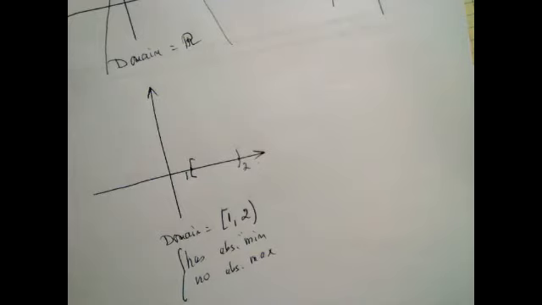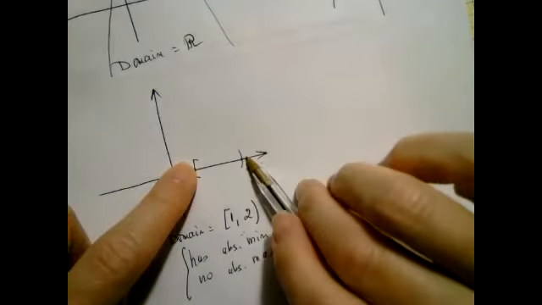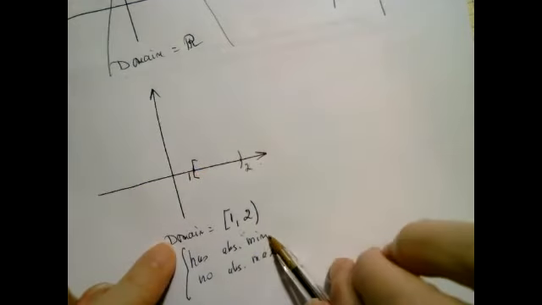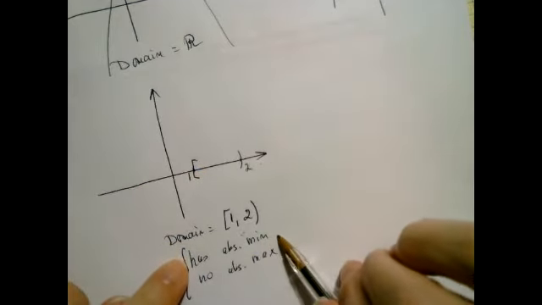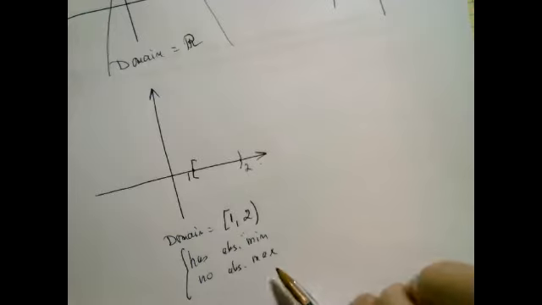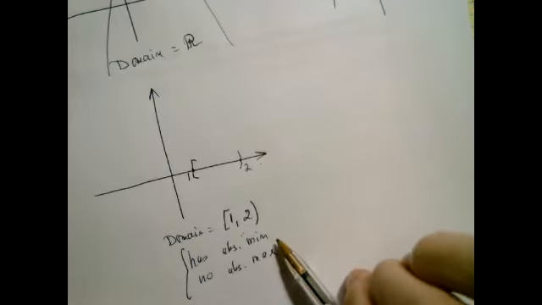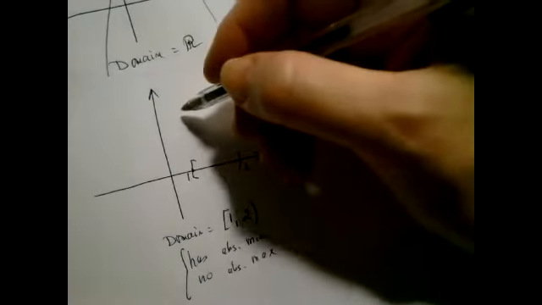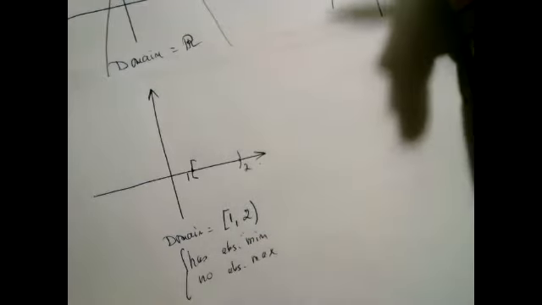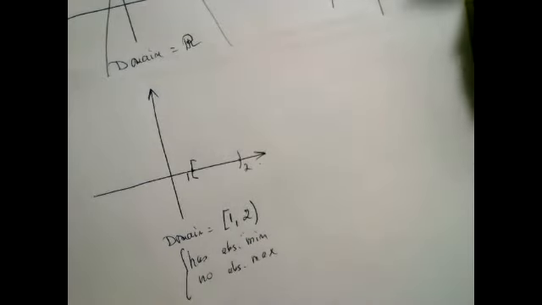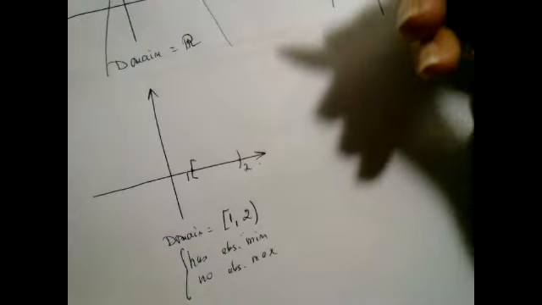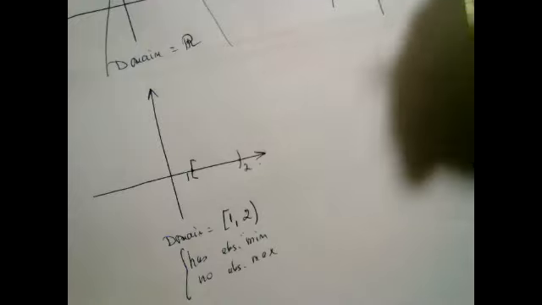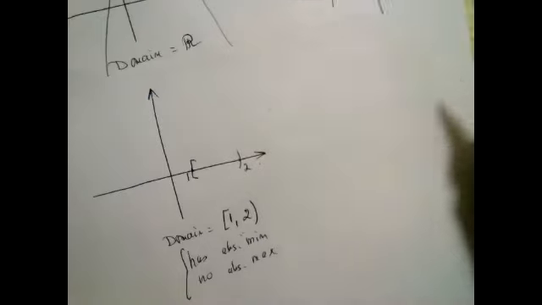How shall I draw it? That's my domain. I want an absolute min, I don't want a max. A negative parabola? I mean a positive parabola. I'm still struggling.